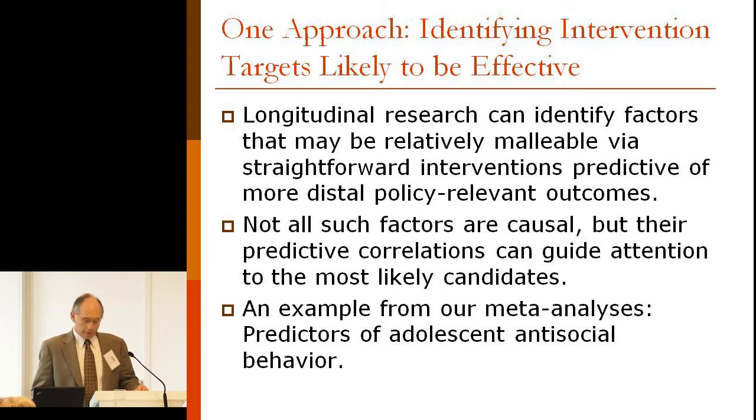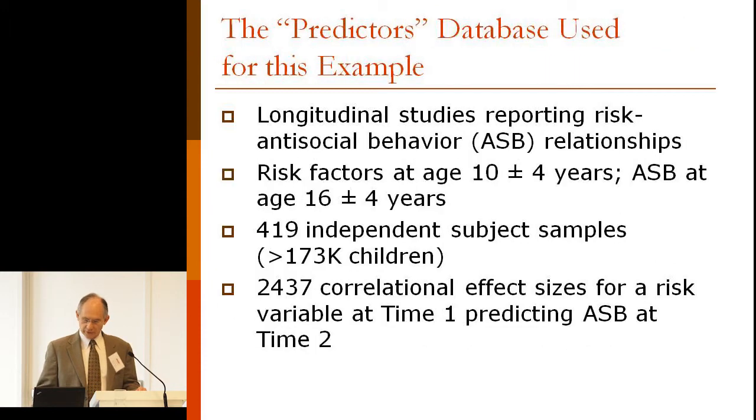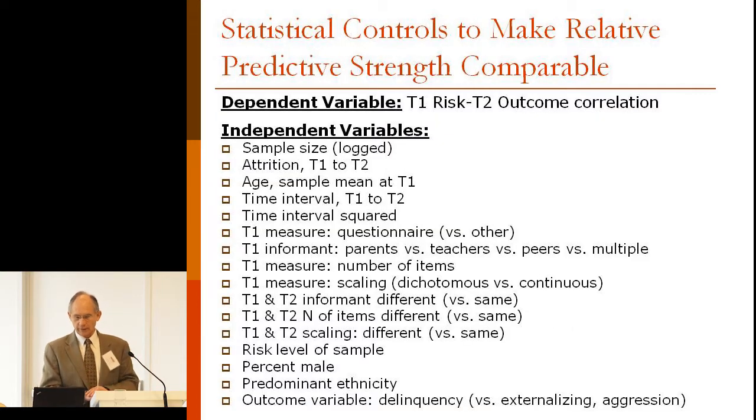Let me give you an example from our meta-analysis work on predictors of adolescent antisocial behavior. I'm going to have to stick with antisocial behavior and delinquency because that's where I have the data, but I think the implications extend to other areas. So I wave my hands at this slide. We have a big meta-analysis, lots of studies, lots of data about risk factors for antisocial behavior and delinquency, nearly 2,500 risk correlations out of this from time 1 to time 2.